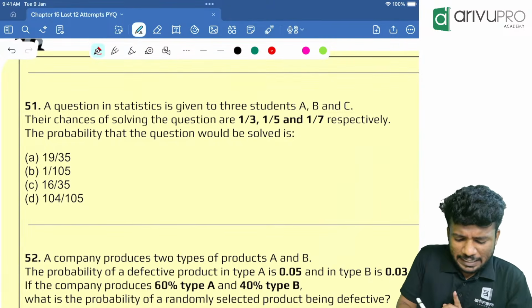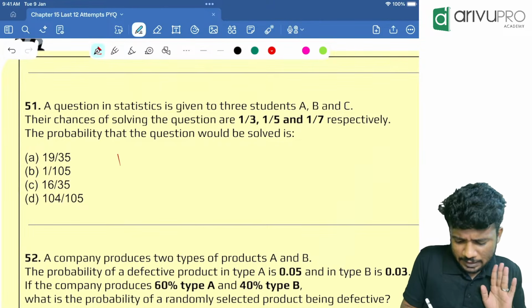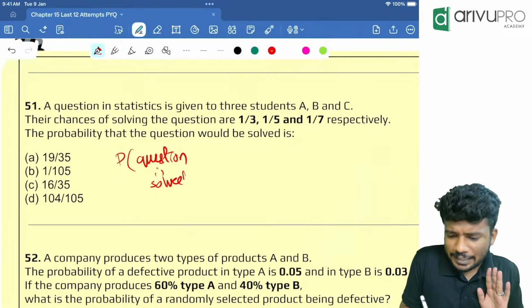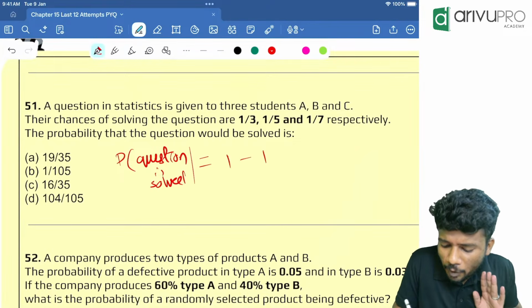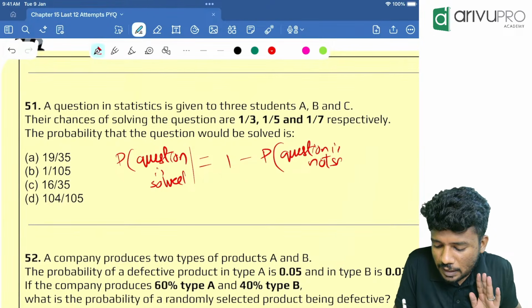Total probability is always 1, correct? The shortcut is P of question is solved is nothing but 1 minus probability of question is not solved, correct?